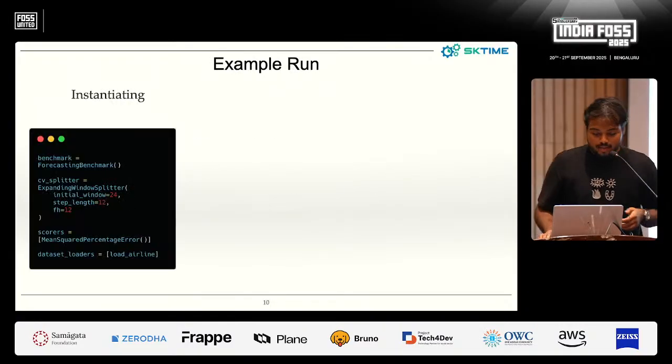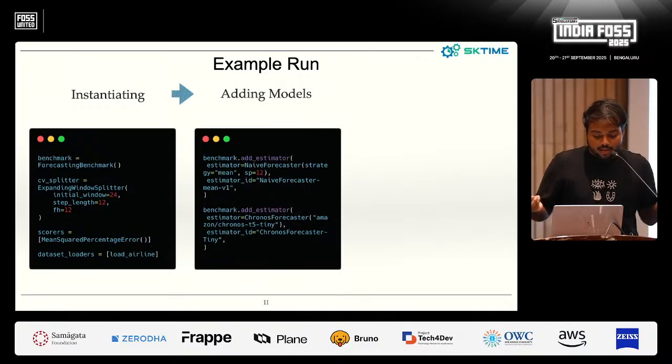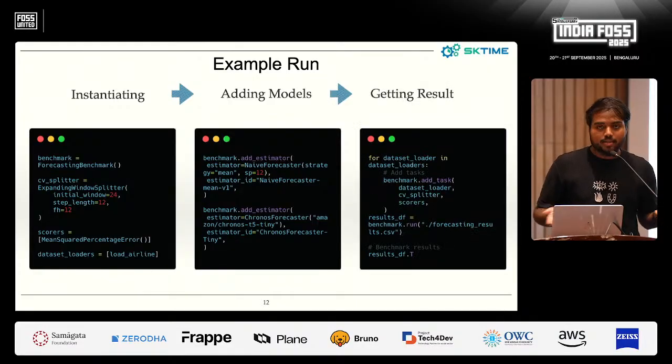I just have an example run. I cannot explain every object in it, but I'll show how easy it is to benchmark with skTime. You first instantiate the benchmark object, you add the models to it, and then you add the task and get the result. It's that easy.